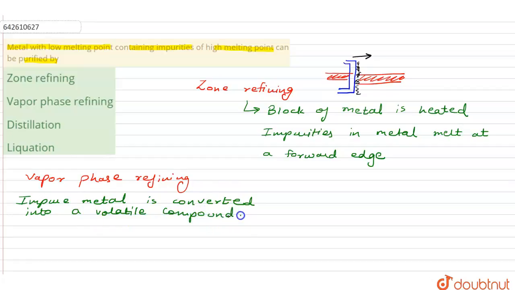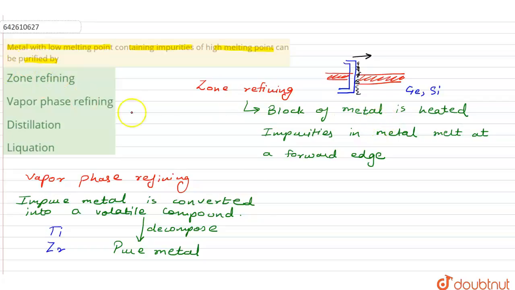After that we decompose this at a very high temperature and get back the pure metal. Metals like titanium, zirconium, niobium are purified by this particular method. In case of zone refining, you have metals like germanium and silicon, which are needed in very ultra pure quality.